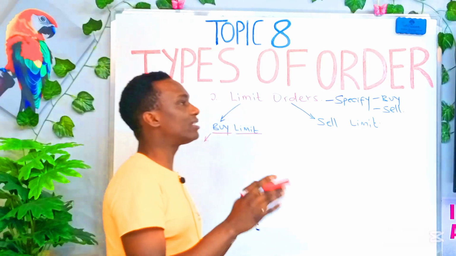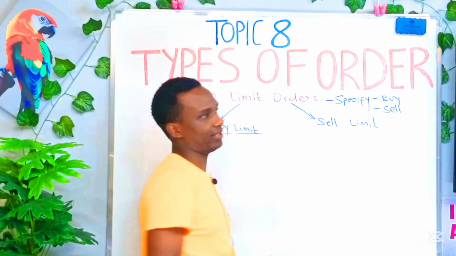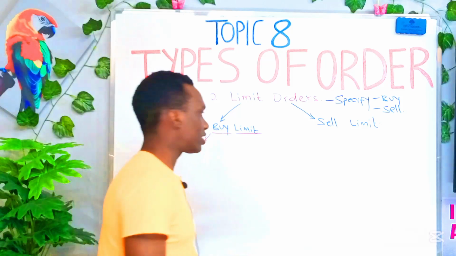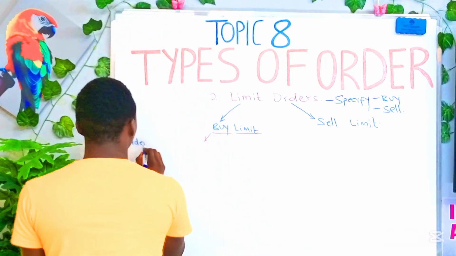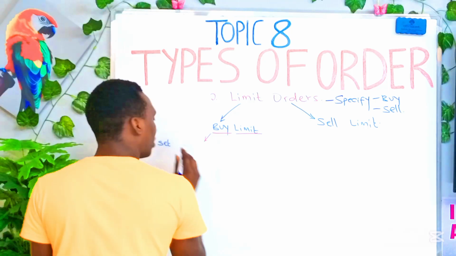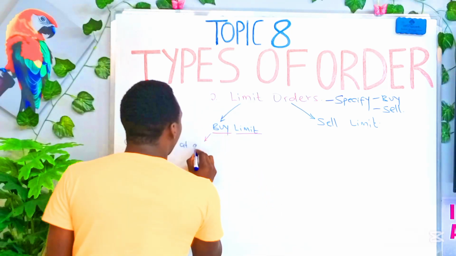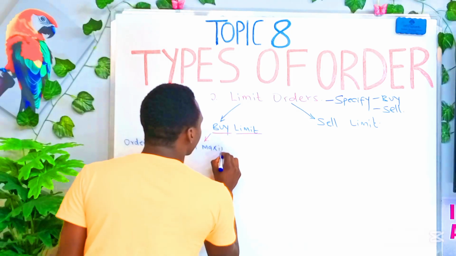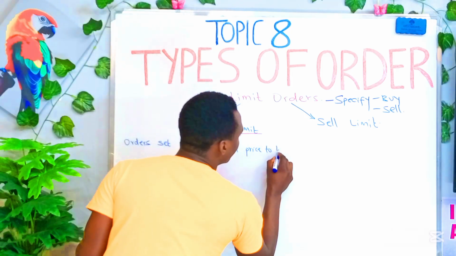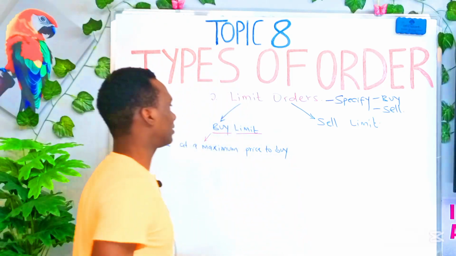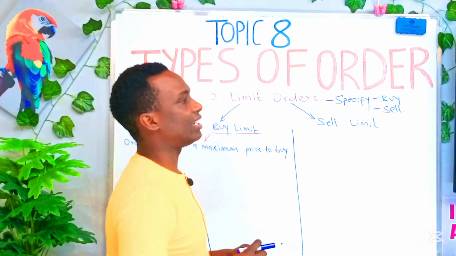The buy limits are orders that are set at a maximum price to buy. Please note this. What about the sell limit?